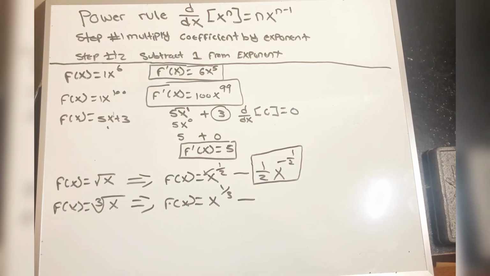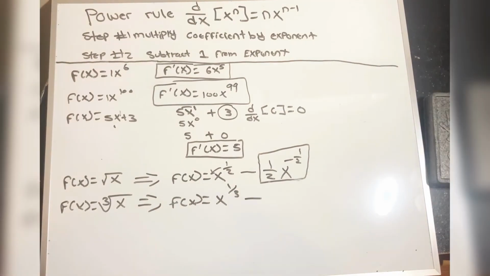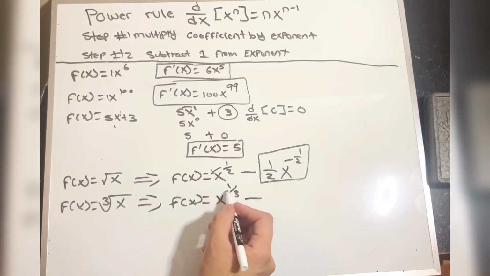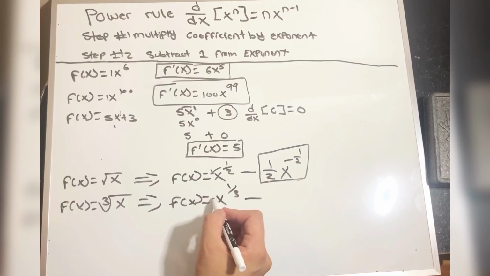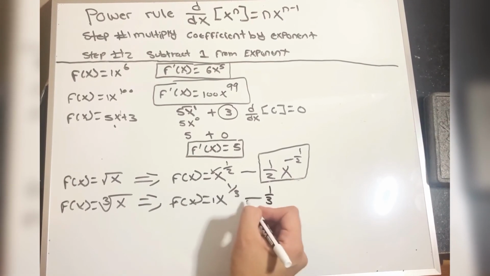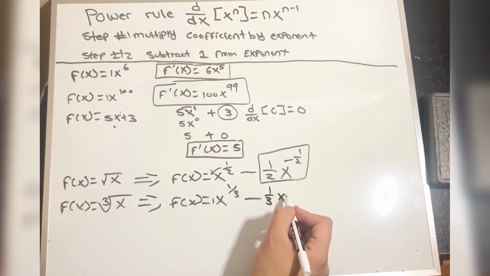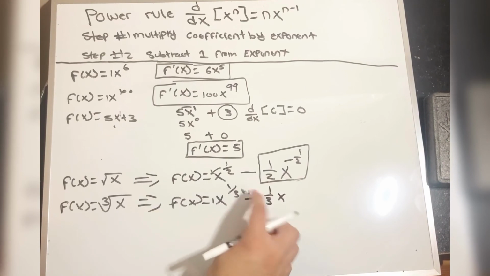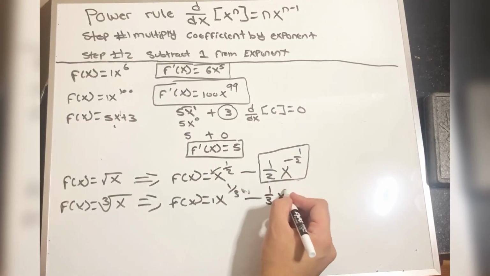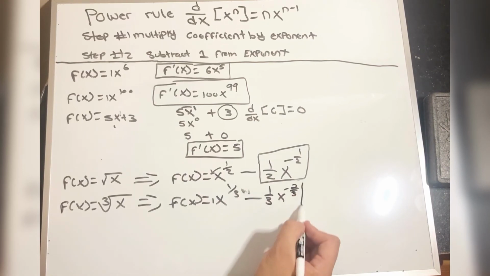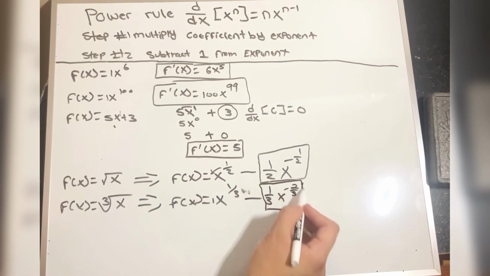And now we can do this one, which is the same thing. You're going to multiply the exponent with the coefficient, right? So it would be 1/3 x to the, now you subtract 1 from here. So that will give you negative 2/3. And that is the answer for this one.